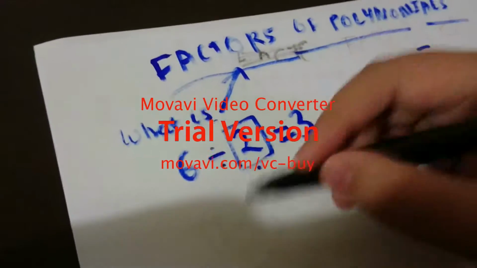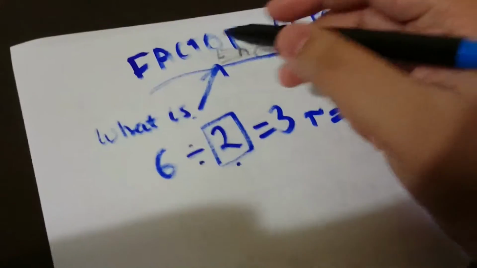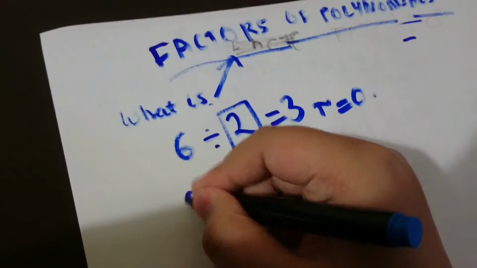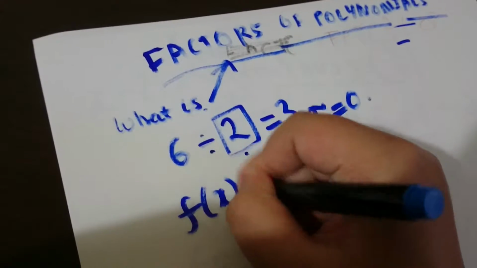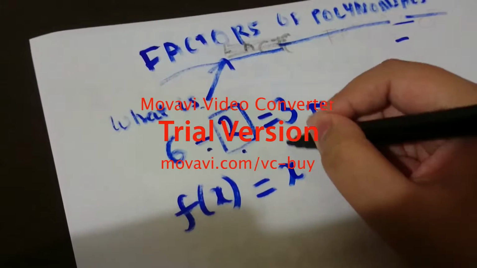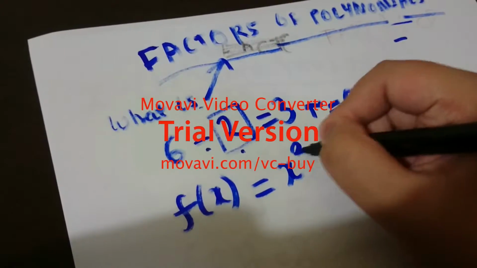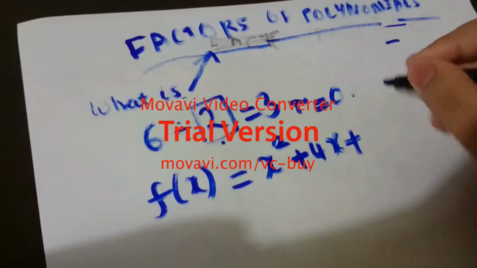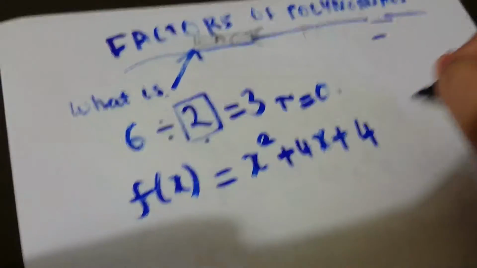In this case, we're not actually dealing with numbers, we're going to be dealing with polynomials. Now, polynomials are terms such that f of x equals x to the power n, where n can be 2 for our case, 4x plus, let's say 4.